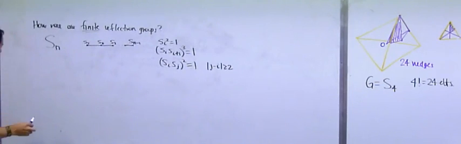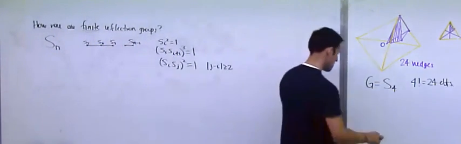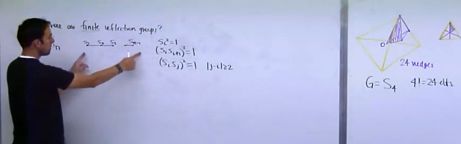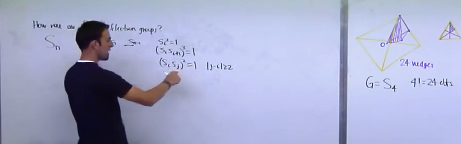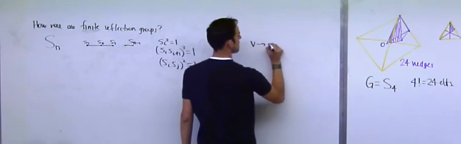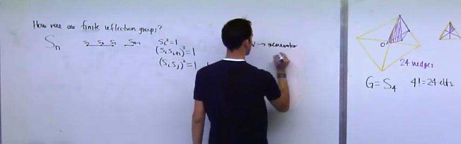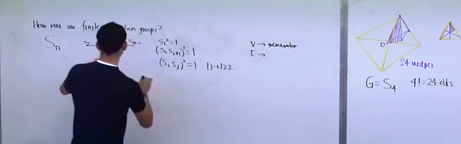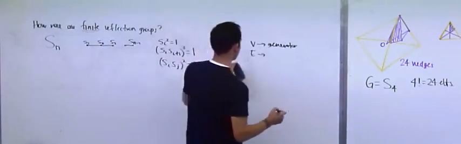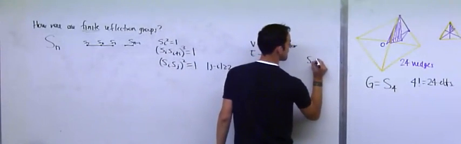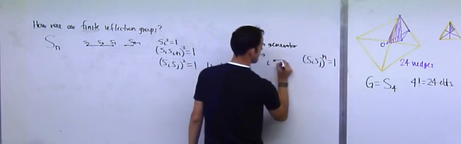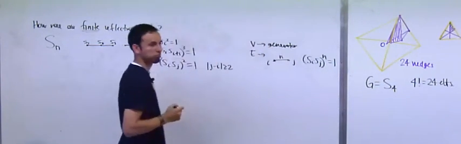Okay? And so people like to describe this group in this way, where you put a vertex per generator, and an edge for any two generators: if Si Sj to the n is equal to 1, then you put i, j, and an n here.